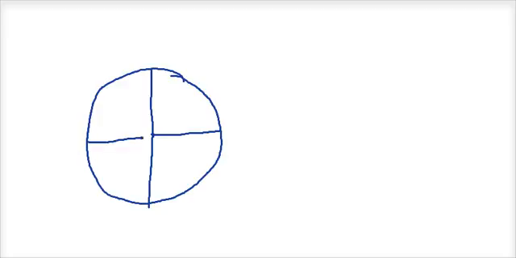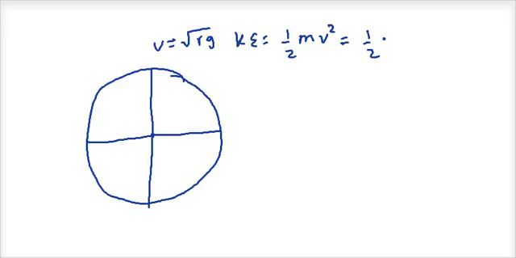Suppose I am doing a vertical circle. This is the 3 o'clock position, this is the 12 o'clock position, this is the 6 o'clock position, this is the 9 o'clock position. Here velocity is equal to root over of rg. If the velocity is root over of rg, what is the kinetic energy equal to? Half into m into v squared. So that will give you half into m into r into g.